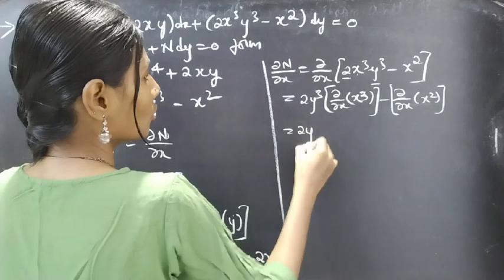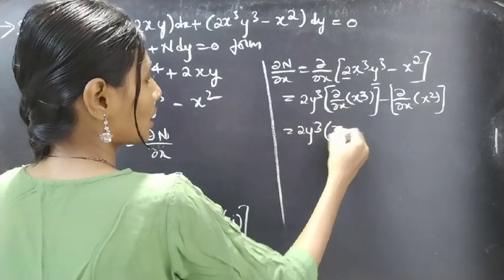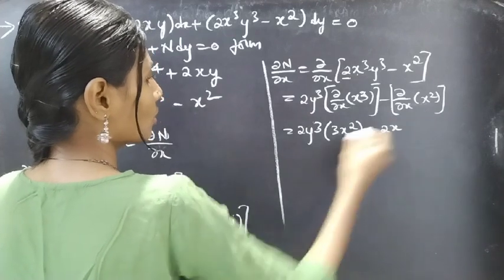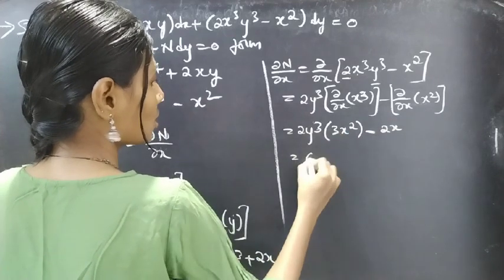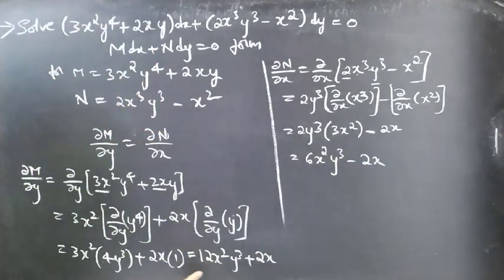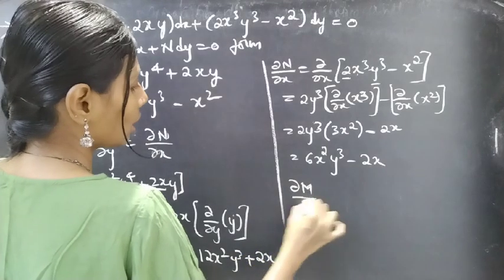This gives us 2y³ into 3x² minus 2x, which gives us 2 3s are 6x²y³ − 2x.